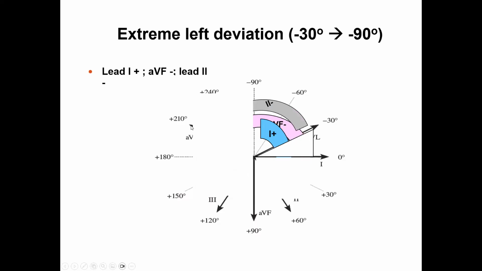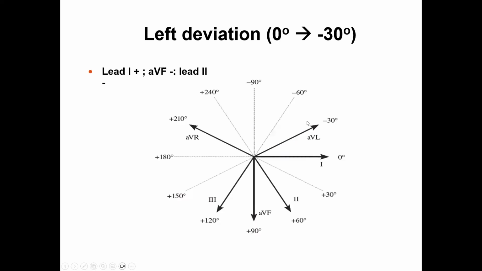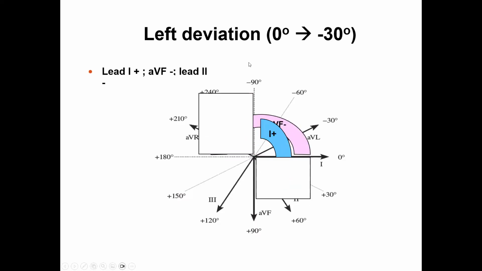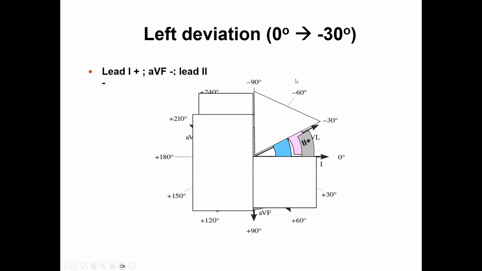And if you look at AVR, you can see whether you are here or there. Okay, good. And this is very similar, except that we do have a little bit less than minus 30 or more than 0, when lead 1 should be positive, not negative, but it's positive.